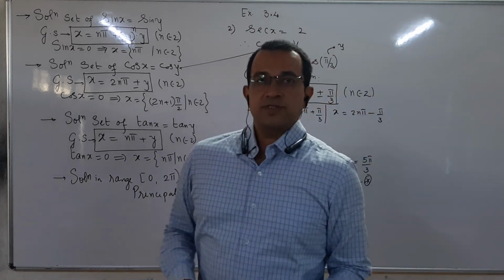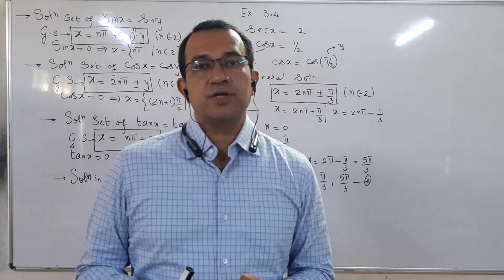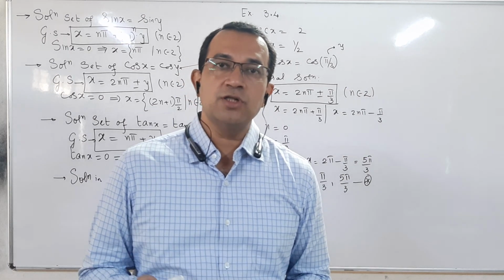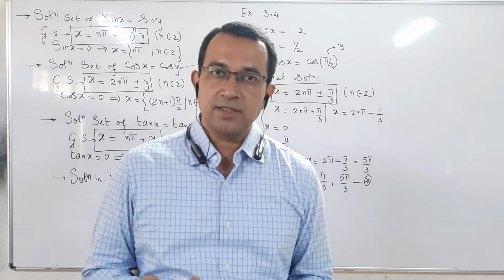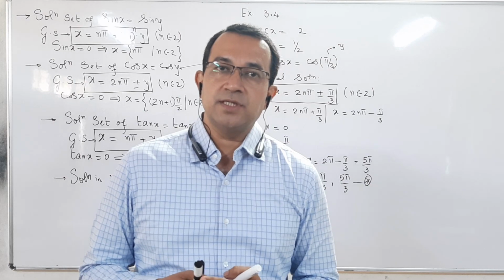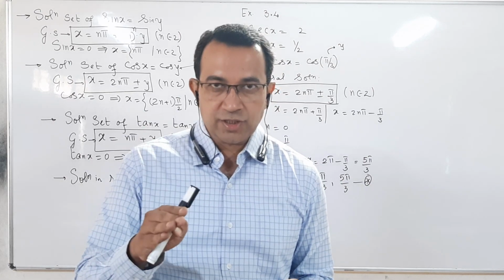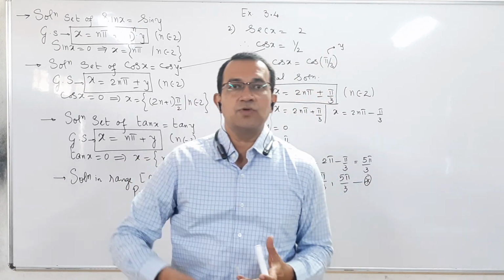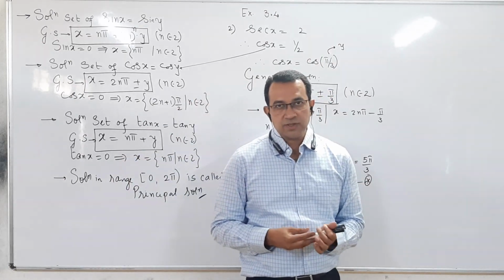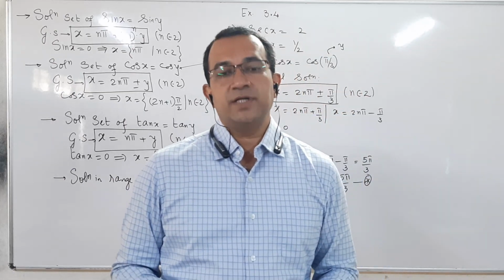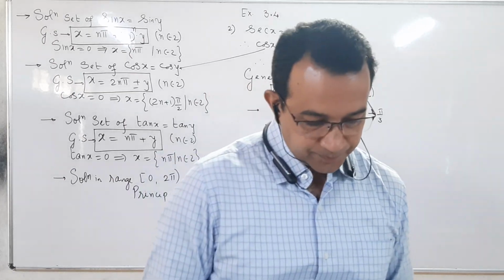So this type of sums are very easy, students. In trigonometric equations, the algorithm to solve this type of sum is to convert the given equation in the form sin x is equal to sin y if it is a sine function, cos x is equal to cos y if it is a cos function, and tan x is equal to tan y if it is a tan function.